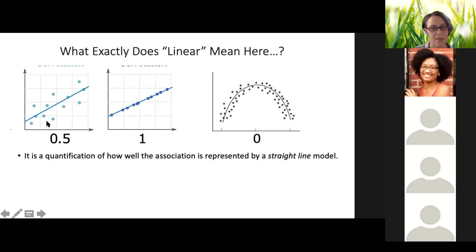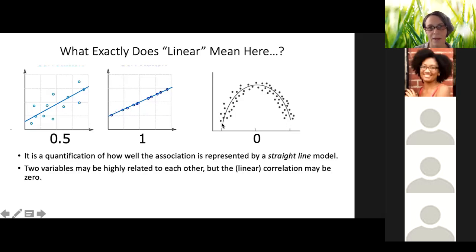Okay, so it's clearly an association, but it's not perfect. Whereas here, if the correlation is 1, that really means that all values lie on this straight line, and we can have a perfect association between two variables.